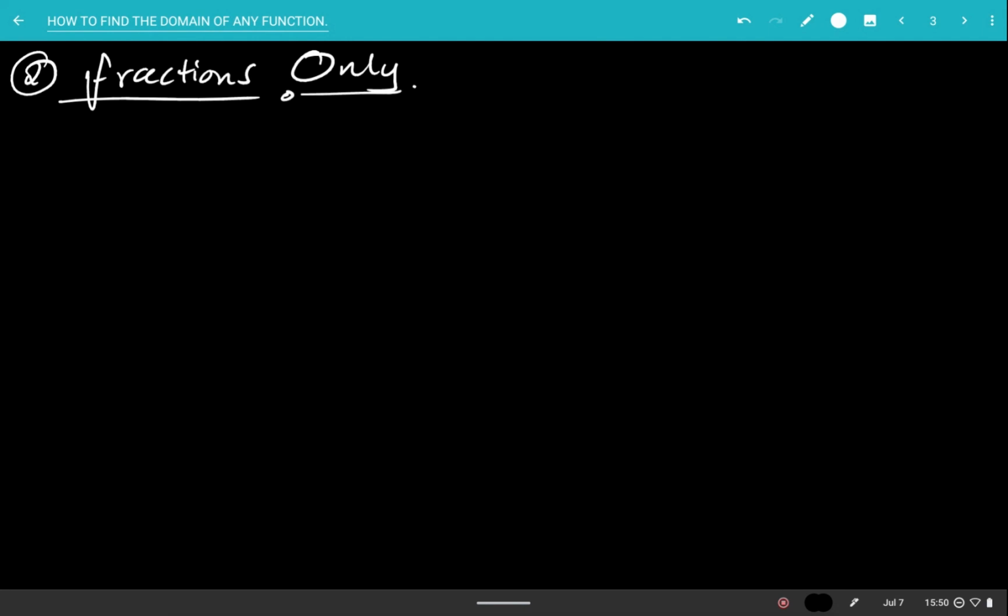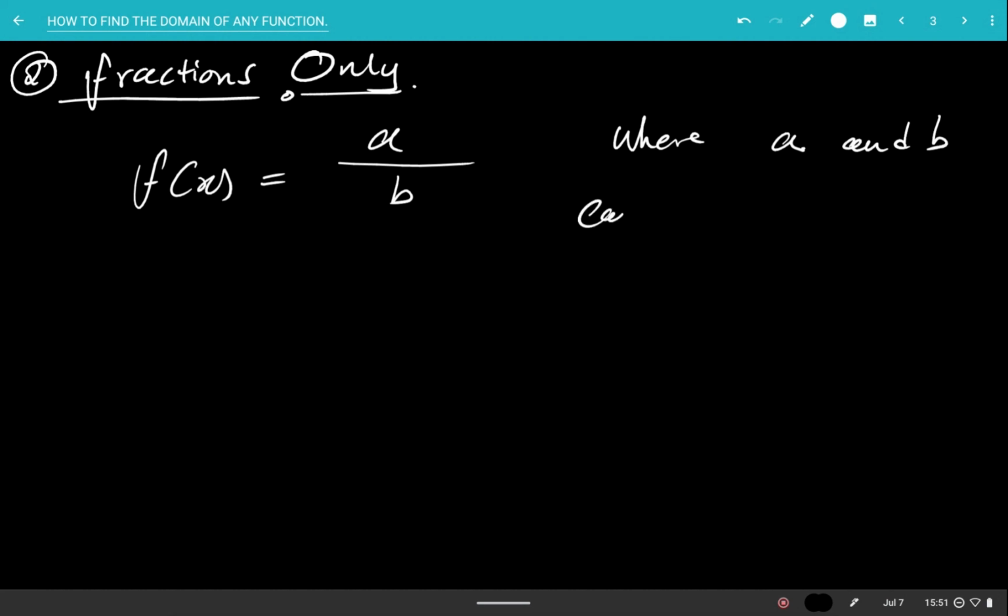So whenever you have a function, say f of x is equal to a over b, you need to understand that a and b can be polynomials. But at times, even a could be a constant and the bottom will be the polynomial.